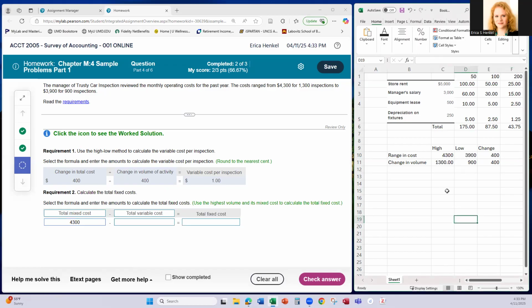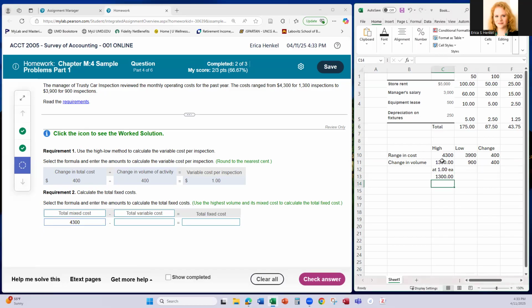At that level we had 1,300 inspections, and at $1 per inspection, that means we would have variable costs of $1,300.